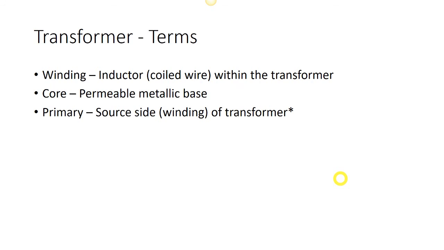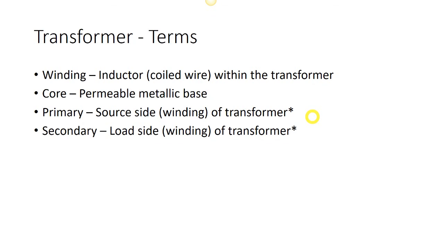Okay, so the term winding: we have separate windings, so we want to be able to discern one winding from another. A primary winding is the source side. That's where we're going to tie in our power source to the transformer. I have a little asterisk here because this is not for an auto transformer or variac. It is for a two-winding transformer.